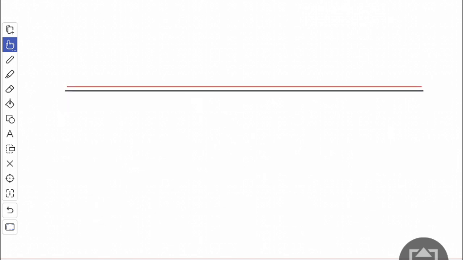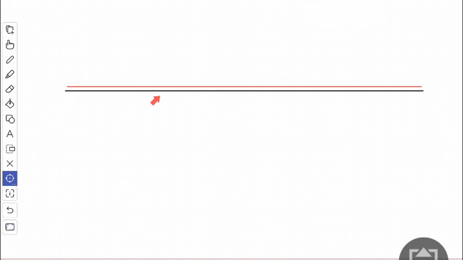See, what is the angle between these two? The angle between these two is 0, because they're parallel. I'm not making them touch, but the angle between these two is going to be 0. If I make them touch, they will totally lie on top of each other, so there's no angle. So the angle is 0.